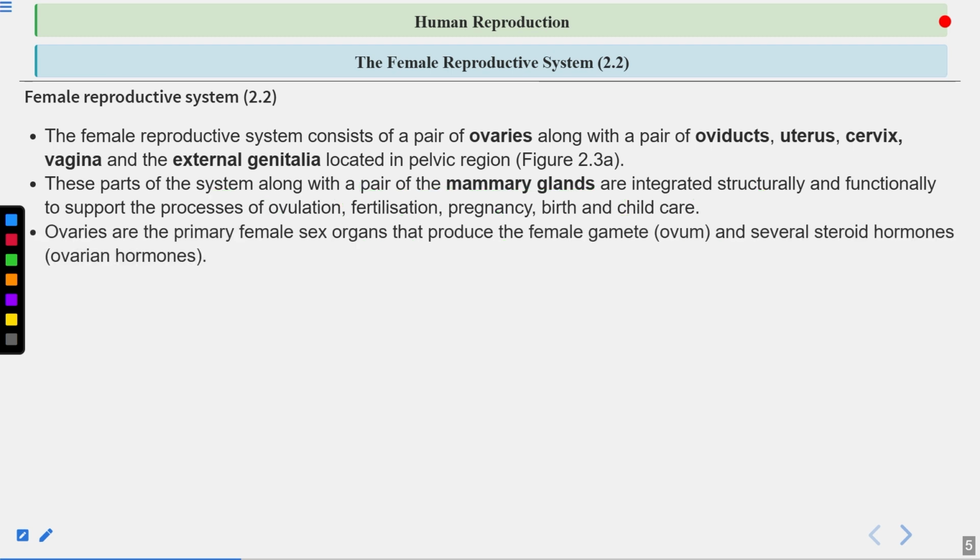Now, ovaries are the primary female sex organs that produce female gametes, known as the ovum, and several steroid hormones, or ovarian hormones, which are released by the ovaries, such as estrogen and progesterone.